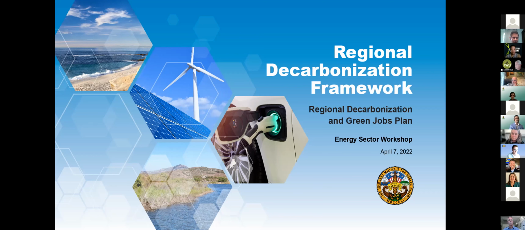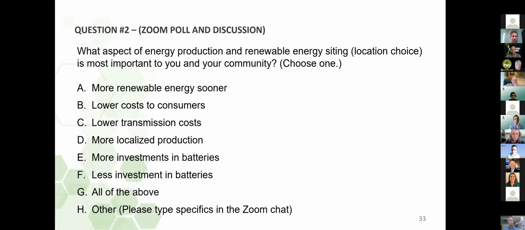I do want to introduce one more question for all of you, another polling question, just again to spur some reaction and response from all of you about key topics. And so speaking of siting locations, and then we'll come to Bob Leiter, who I know has wanted to provide some input. But first, I would like to go through this polling question with you. Which aspect of energy production and renewable energy siting, or location choice, is most important to you and your community?